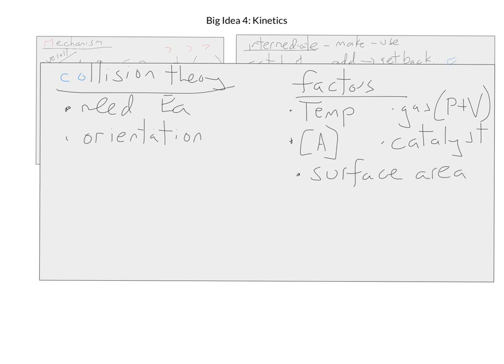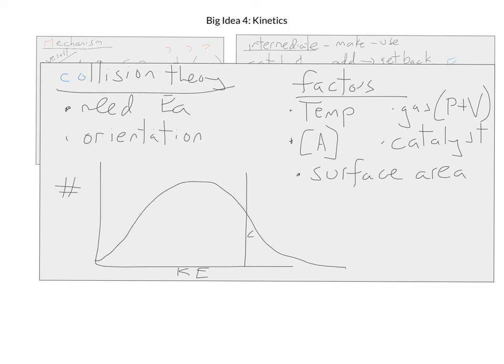And it's worth looking at these distribution curves again, especially when we're looking at temperatures, because if we had a kinetic energy graph, and this is just number of particles, it's like a bar graph, but it's a curve if you know your math, and we had a certain temperature where, okay, here are my molecules, and then there's an activation energy, there's an energy threshold, and even in this sample, some of these guys can react.